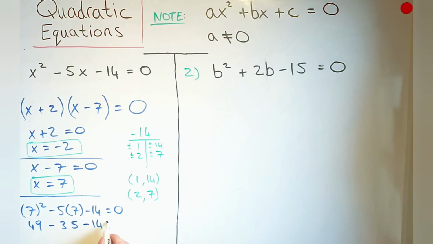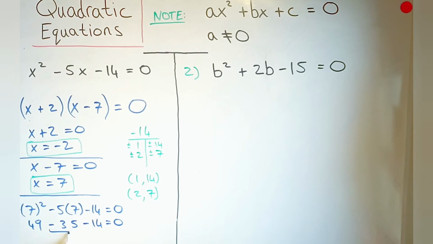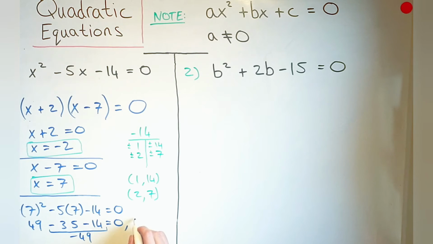Then we have our minus 14 equals 0. So 49, we have a minus 35 minus 14. If we add minus 14 to minus 35, we get a minus 49. So then we're left with 49 minus 49 equals 0, or 0 equals 0. So the equation is balanced.